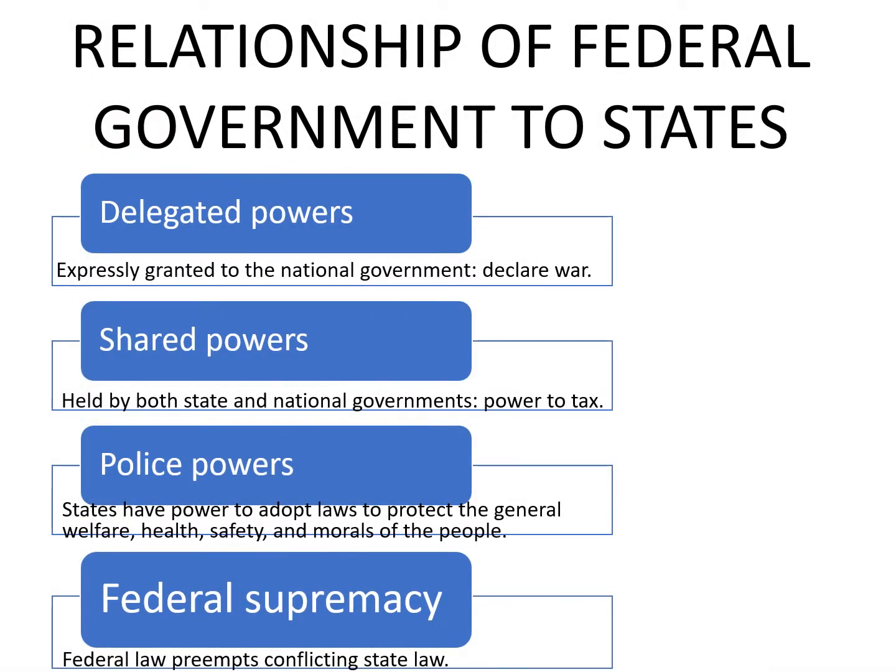Let's look at the relationship of the federal government to the states. In order to understand this relationship, you need to look at the history of the forming of our country. The original 13 colonies had acted almost like autonomous countries. They printed their own money, they had their own militias, and they transacted business between themselves and Britain and Native American tribes, and then sometimes amongst the different colonies.